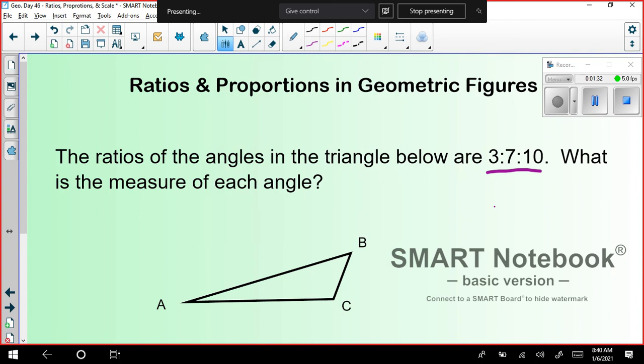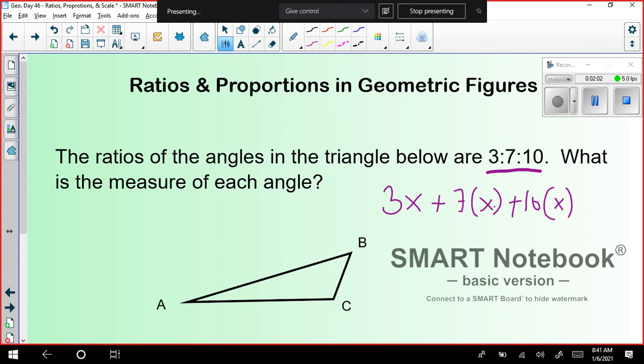I don't have the values of the angles, and we want to find the measure of each angle. Let's assume the scale to be x, and we know the sum of angles in a triangle is 180, so I can use 3 times the scale plus 7 times the scale, I'm calling x the scale, and 10 times x.